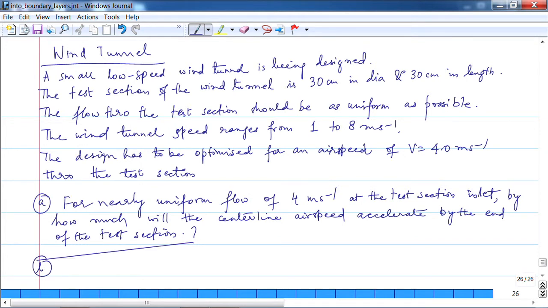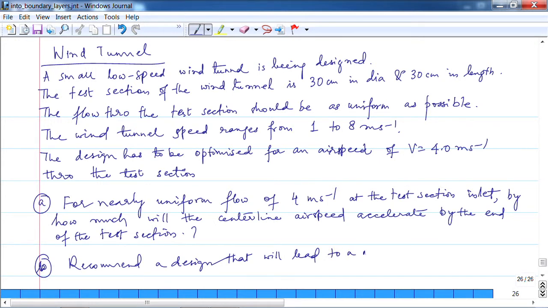And the second question: recommend a design that will lead to a more uniform test section flow.